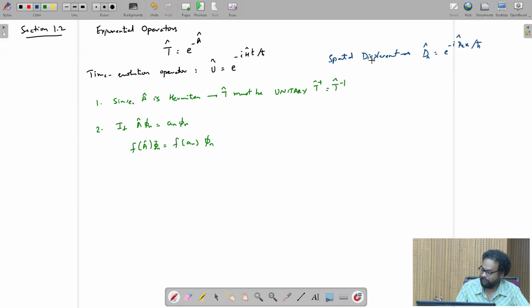You can also have, for example, rotation. If I have to do a rotation, let's say by an angle phi, e to the power minus i L phi over h cross. Of course, these are just telling you the generality of exponential operators. We are not going to use spatial displacement or rotational displacement. We're going to focus only on the time evolution operator, because as spectroscopists, ultrafast guys, we live in the time domain. So the time evolution is the most important thing.